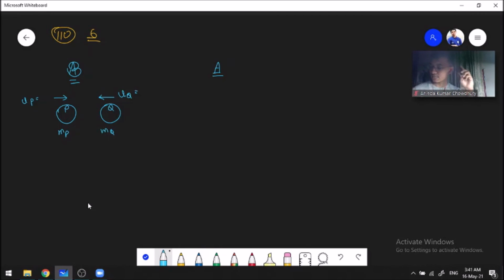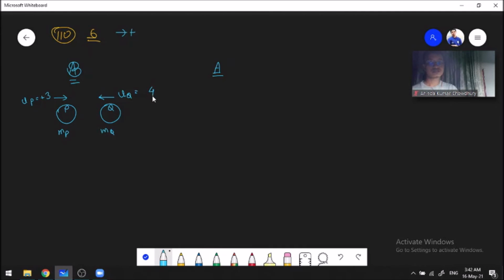So P has an initial velocity of 3 meters per second. Since P here is moving towards the right and we usually take the right direction as positive, the velocity of P is 3 and it is towards the right, so the velocity is a positive 3. Q on the other hand has a velocity of 4 meters per second in the opposite direction.